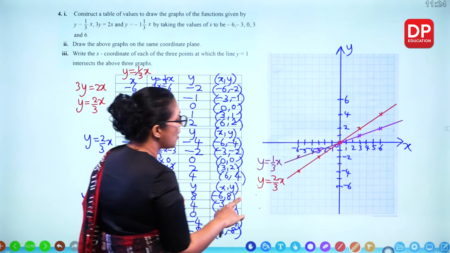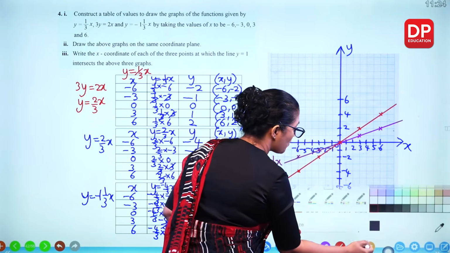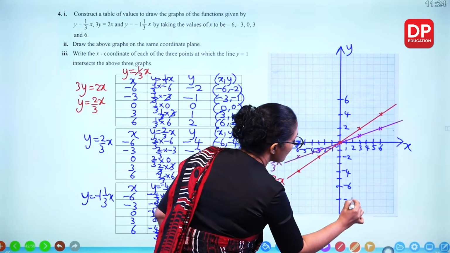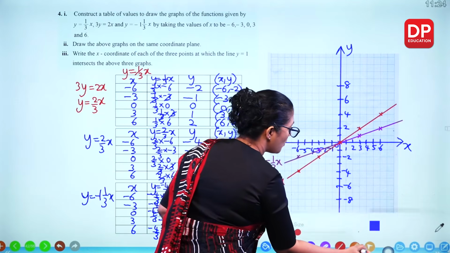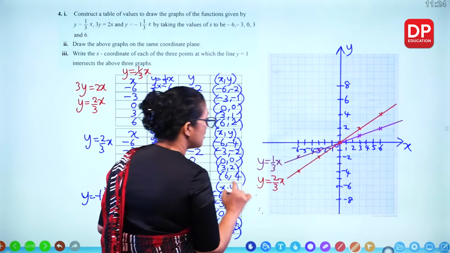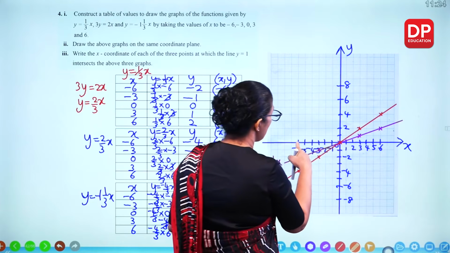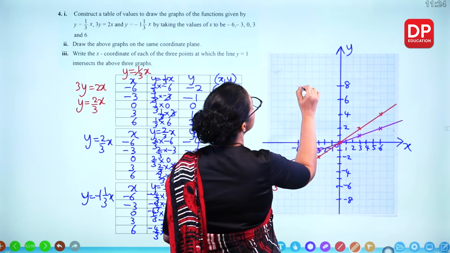Minus 6 with minus 8. Here we need to mark up to minus 8, and here 8. Now we'll take the black one and see: minus 6 with plus 8.